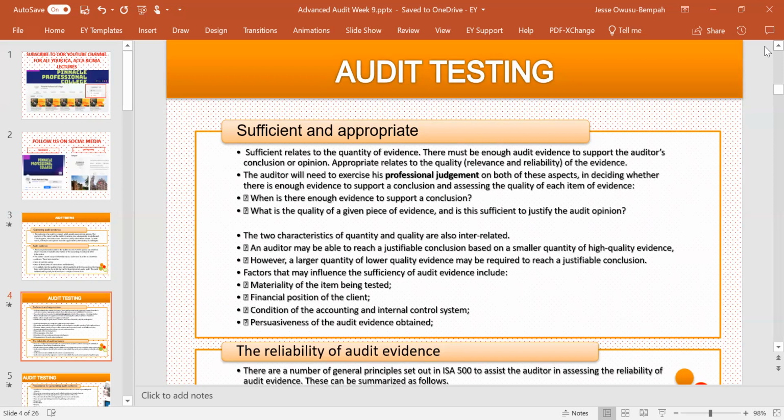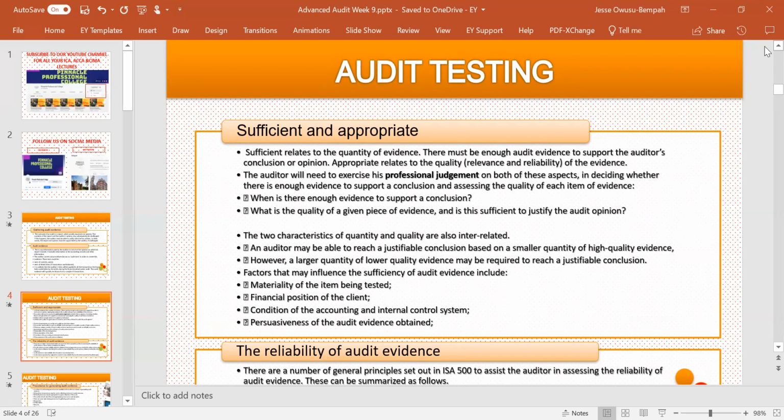The auditor will need to exercise what we call professional judgment on both of these aspects: quality and quantity.